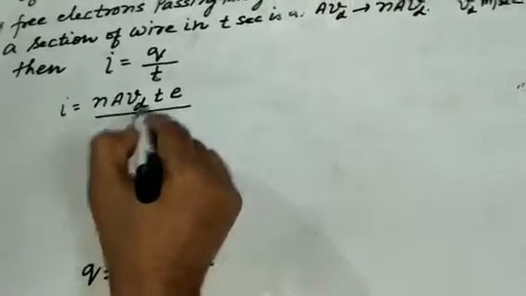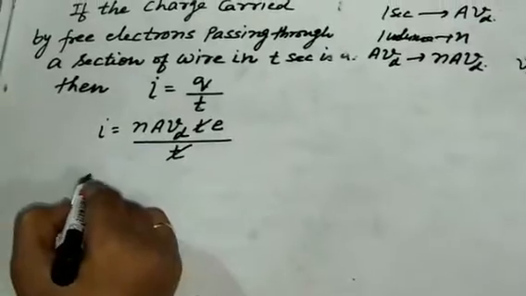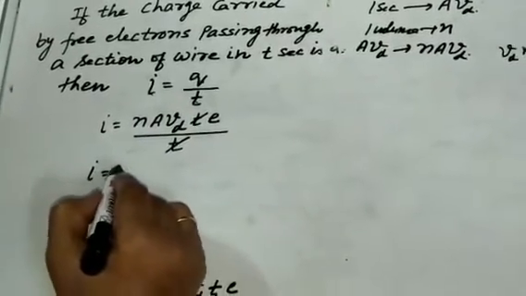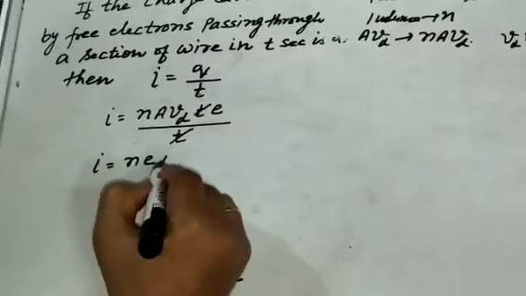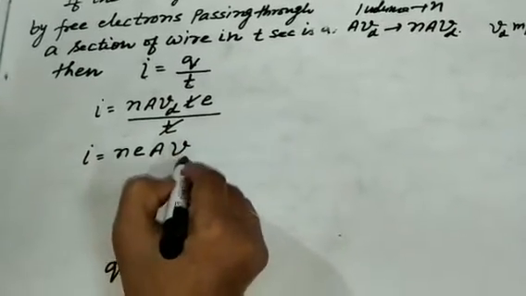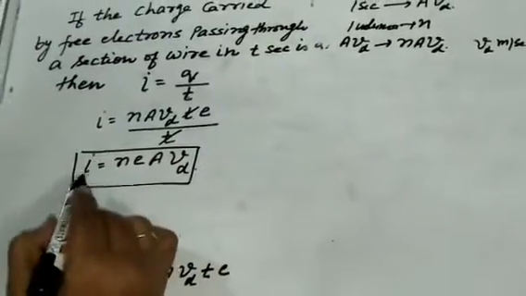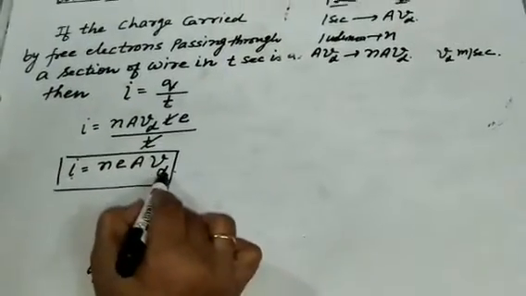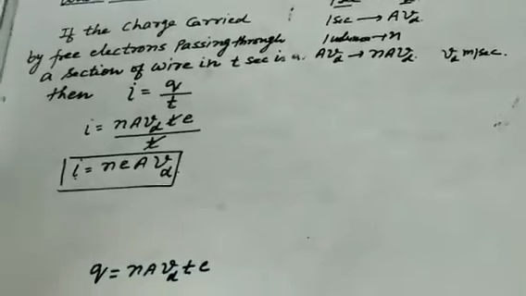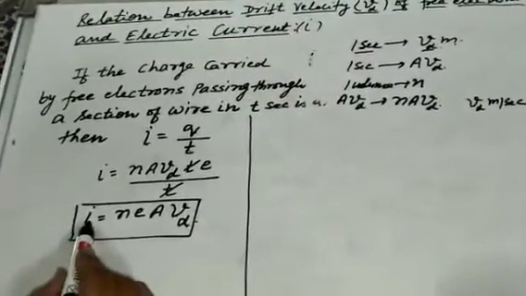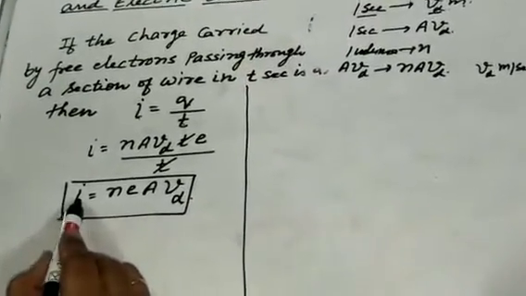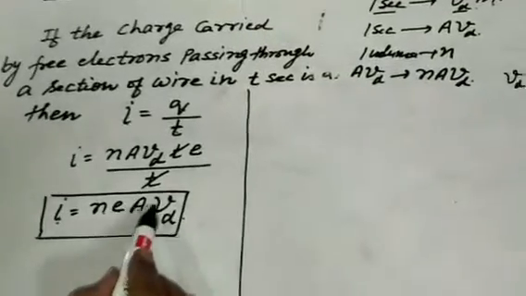And now t is cancelled by t and the current becomes I is equal to neAVd. This is the relation between current and drift velocity. Now current I can be given as neAVd.